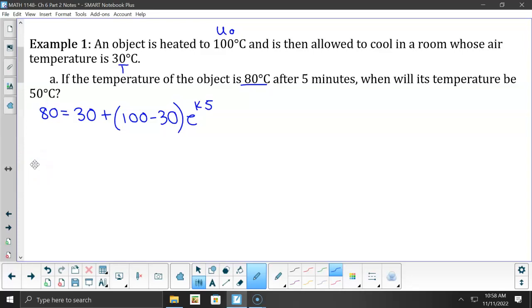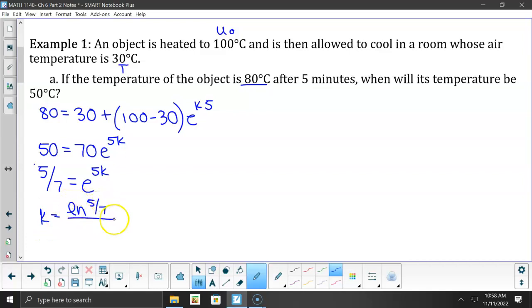So start combining terms, move this 30 over, so I've got 50 equals 70 e to the 5k. Divide both sides by 70. And I get k equals the natural log of 5/7 over 5.